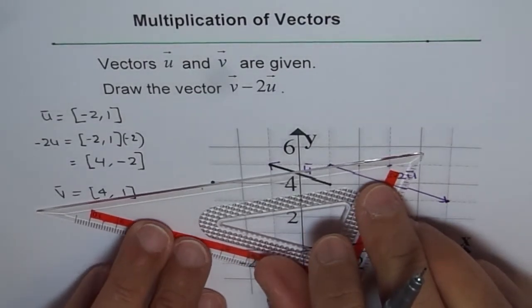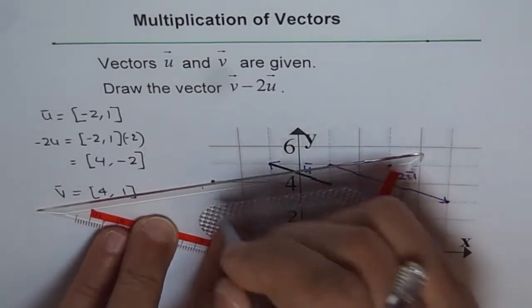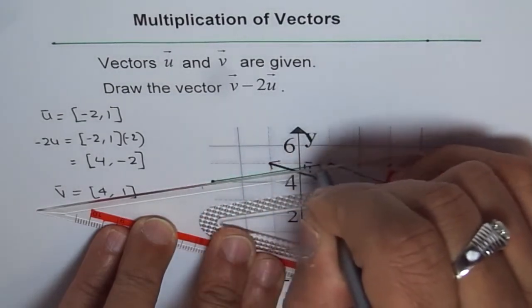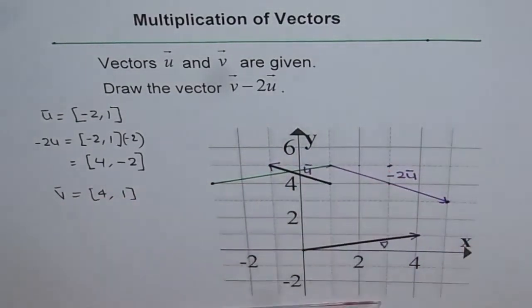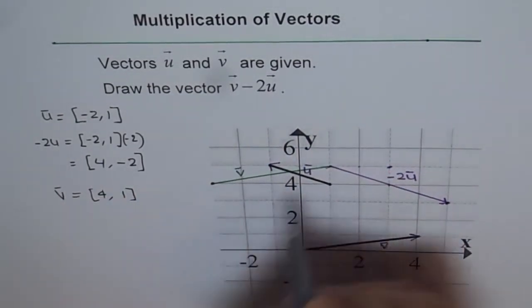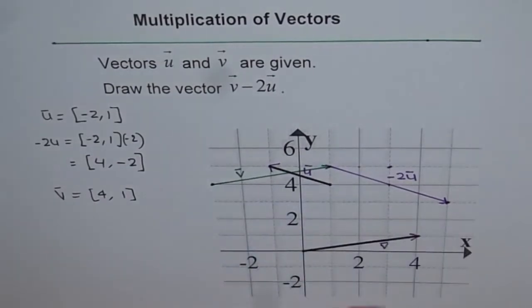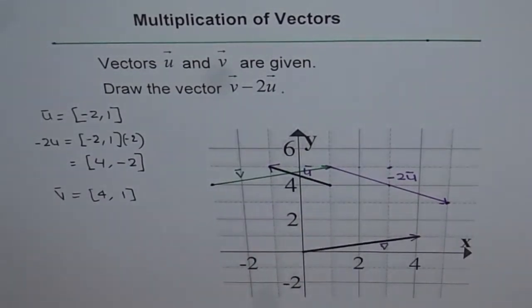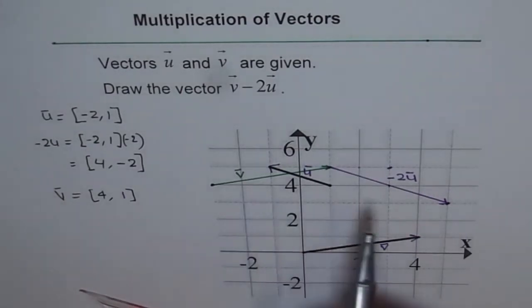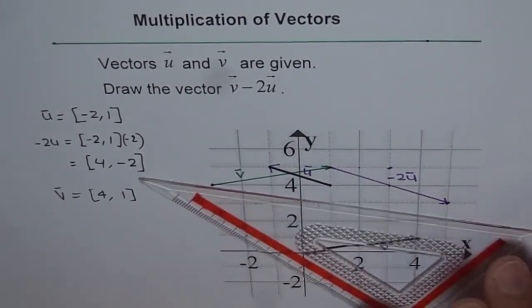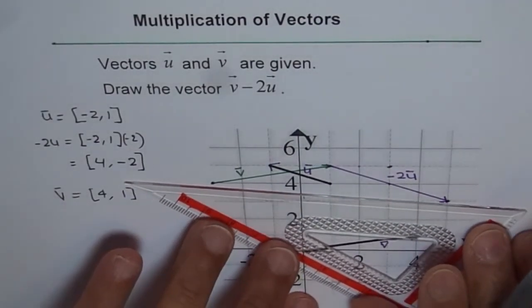So here we are with vector v. So that becomes vector v for us. Beauty in vectors is that you can translate them and they don't change, they remain the same. So that is v, and this is minus 2u, and once we join, we get the resultant, correct?